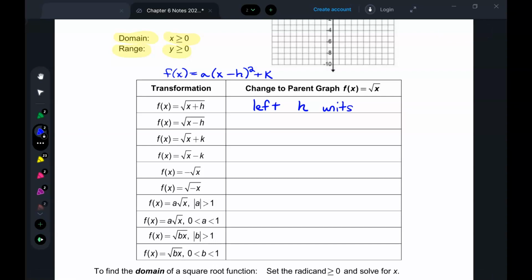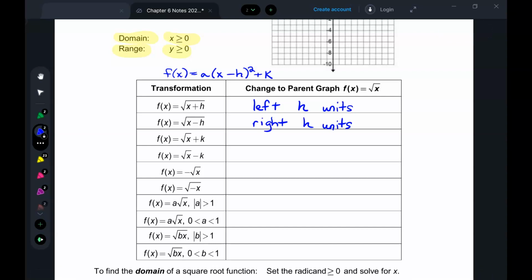Again, our goal here is to not do a whole bunch of tables of values and spend our time doing that. We want to look at the transformations and be able to sketch these really quickly and accurately. So x minus h under the radical will move it right. Just like parabolas.